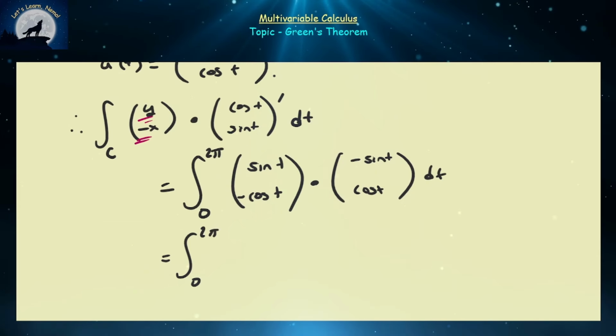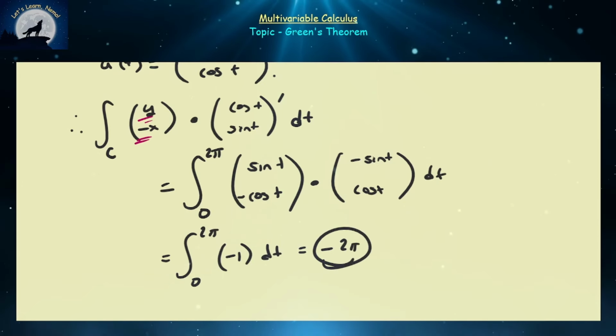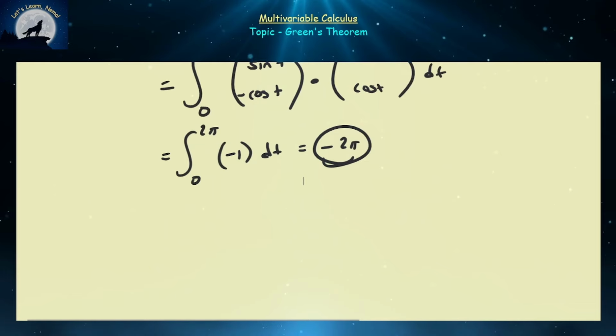So we're going to have the integral from 0 to 2 pi of minus 1 dt, which we know is going to be equal to minus 2 pi. And if we were to rotate in the other direction, you should realize that that's going to give us the area of the circle. Let's see if we can get the same exact answer from the double integral approach that Green's theorem claims to give.